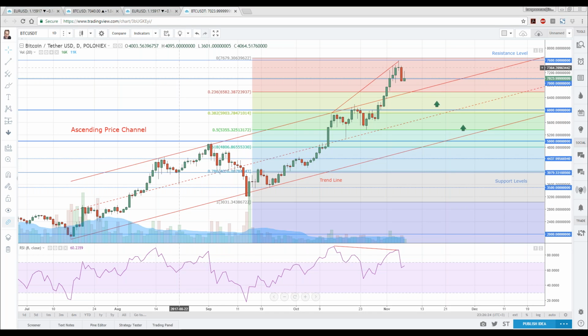But what are we looking at? Let's not worry about price. What we're looking at are our analysis tools. Here we're looking at trend lines. Then we're looking at support levels and resistance levels. We're looking at an ascending price channel. This is the price channel.